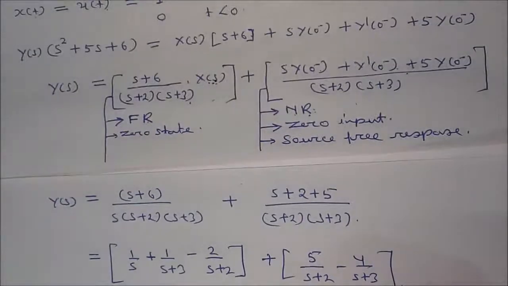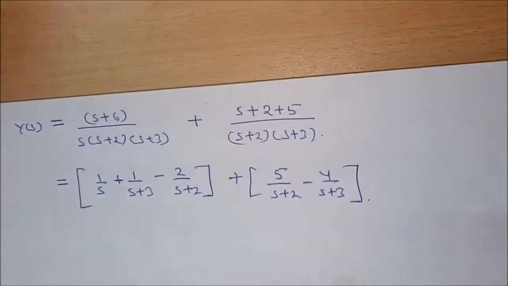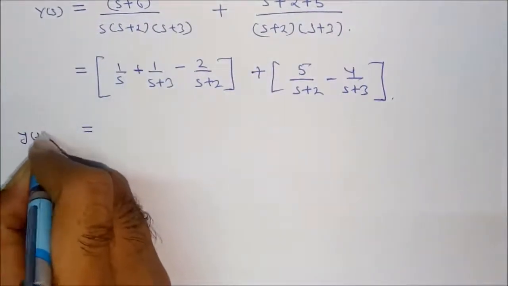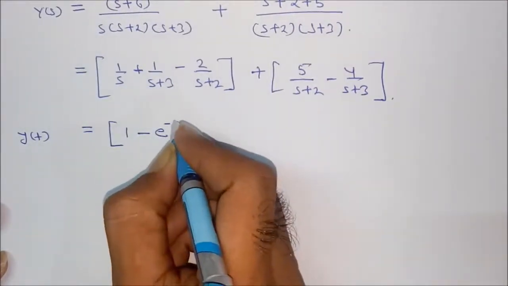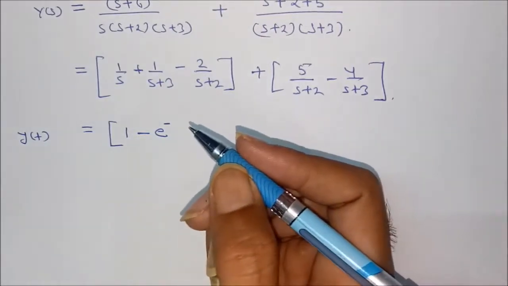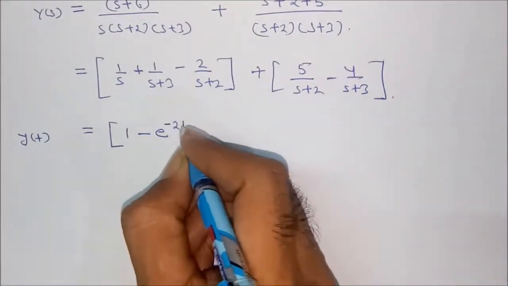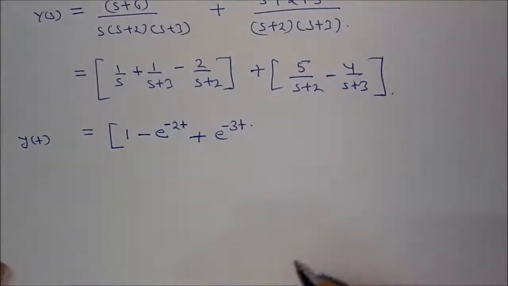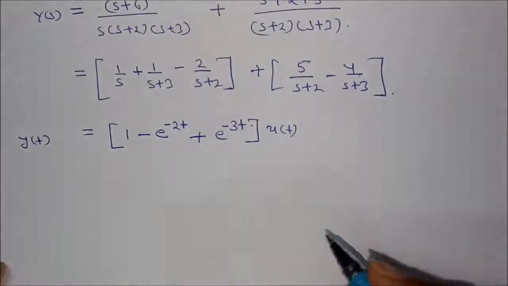Is it okay? Now taking the Laplace inverse, what I will get? y(t) is equal to 1 minus e to the power minus 2t plus e to the power minus 3t, that is times u(t).